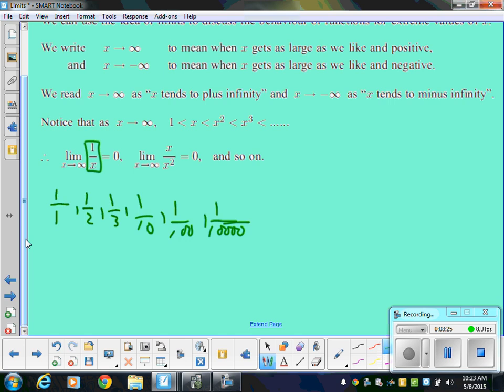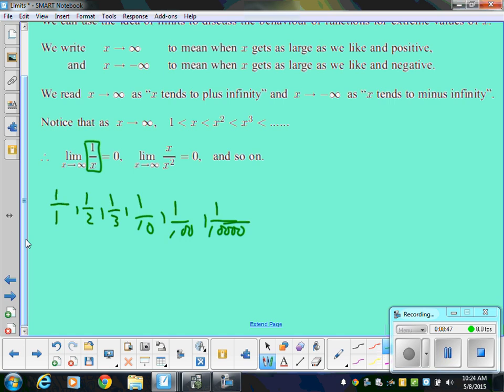So that's really what a limit is. It's a value that a function is approaching. Is it ever going to reach that? No, but it's going to get extremely close and therefore become 0 to infinity. When we go to infinity, it becomes 0. I'm not dividing by 0. I'm simply taking 1 divided by an extremely large number, 1,000,000, 1,000,000,000, 1,000,000,000,000, and then the closer that gets to 0.